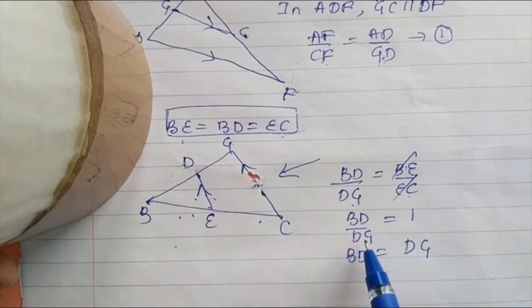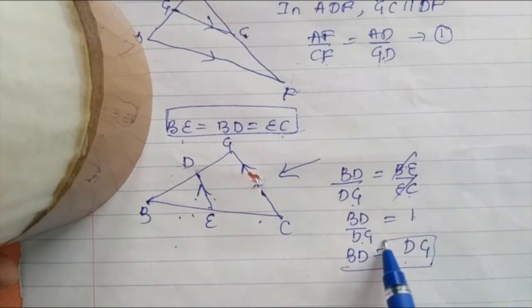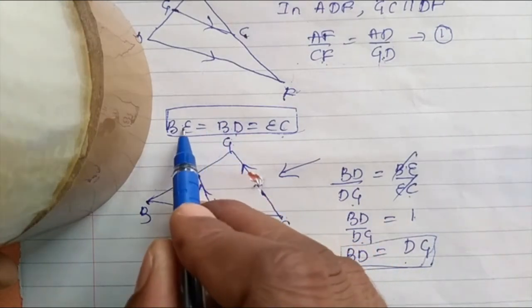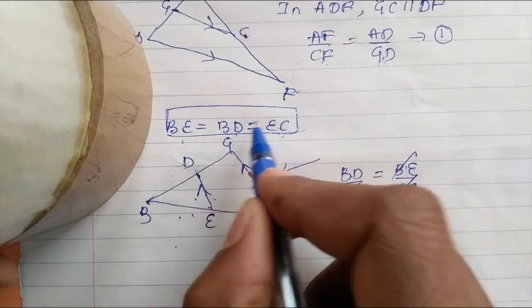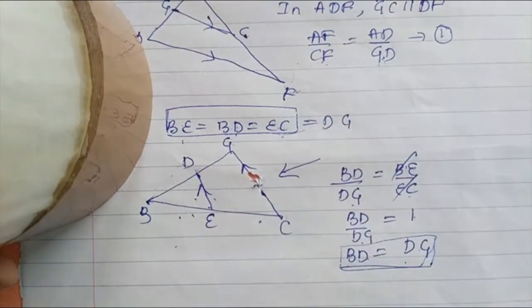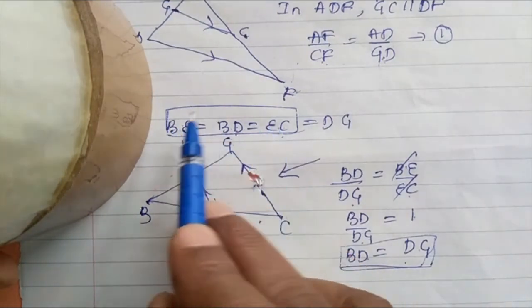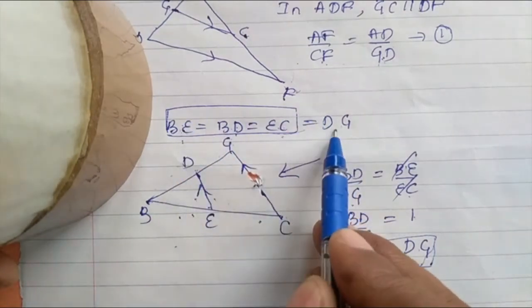Finally BD equals DG. Now BD is already equal to BE, and BE equals EC. Already these two are equal by isosceles, these two are equal by midpoint. Now BD is equal to DG. That is from one triangle you obtain.